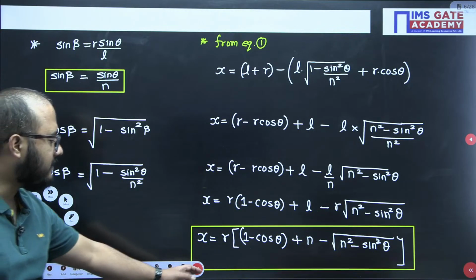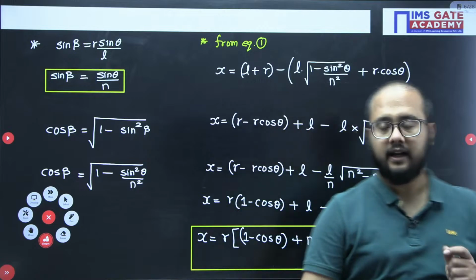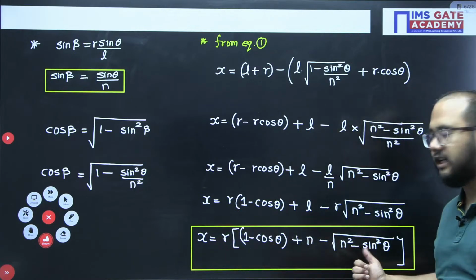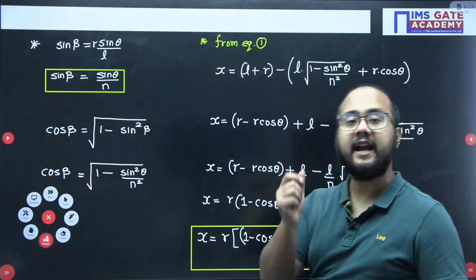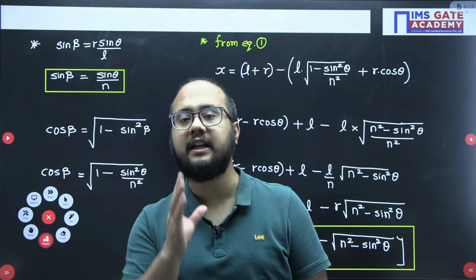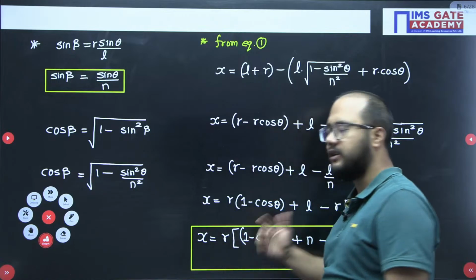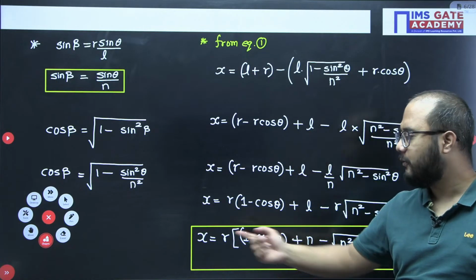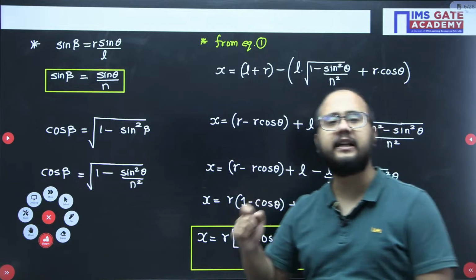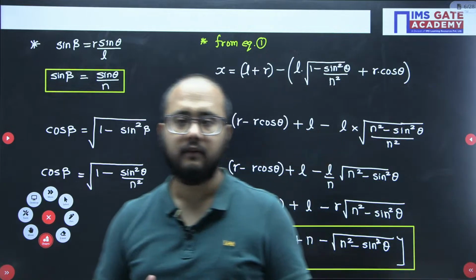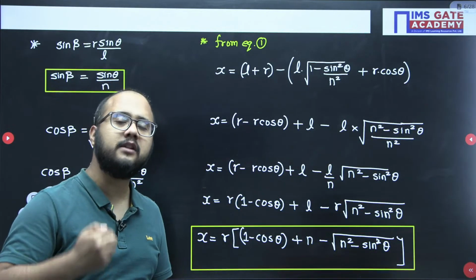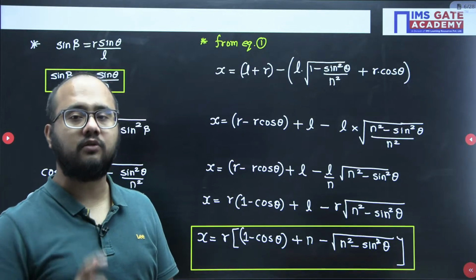Why is it important? Please understand. Here you can directly relate x with theta. Let's suppose they have given the x value but not the theta value. In that case, theta can be calculated with this equation. Let's suppose they give the displacement of the slider as 25% of the stroke.